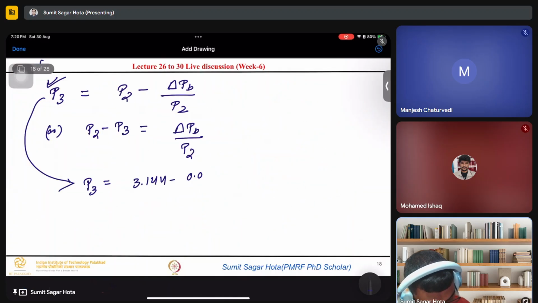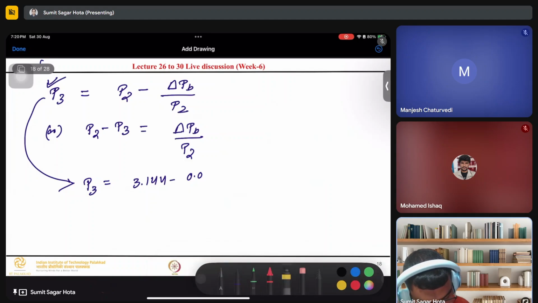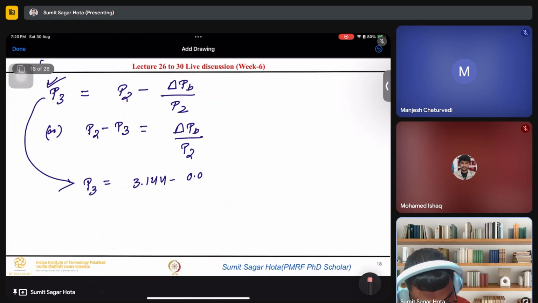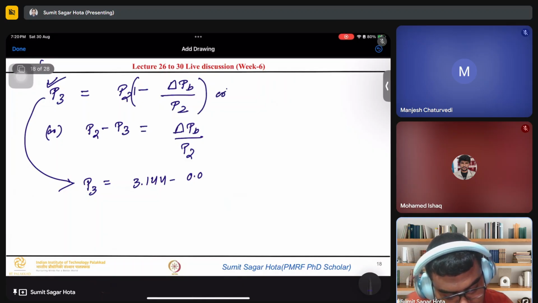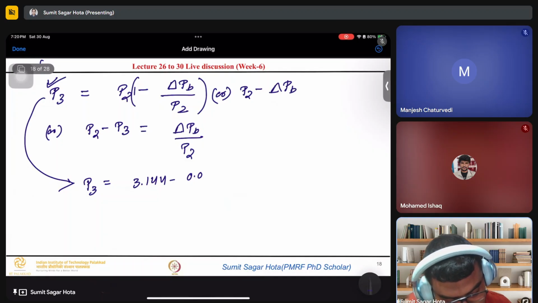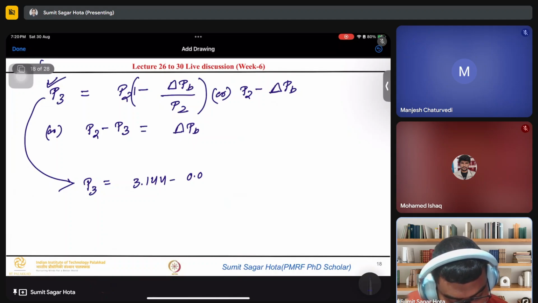So P2 minus delta PB, that means P2 minus P3 will be delta PB.